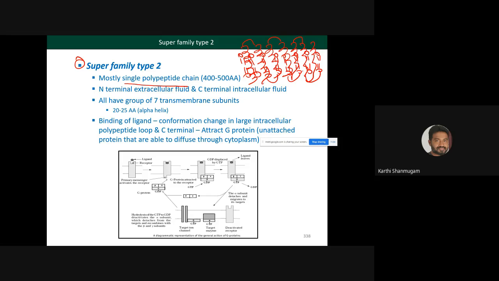This is the general architecture of superfamily type 2, and its general name is GPCR, G protein coupled receptor. If you take the primary sequence of a GPCR, it has a single polypeptide chain of 400 to 500 amino acids. So that is the first major difference if you compare with superfamily type 1.